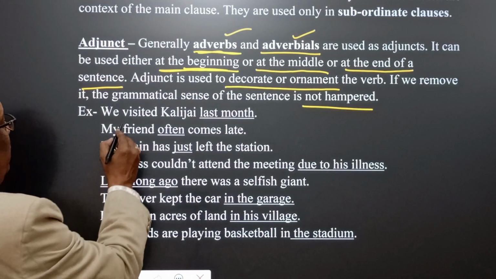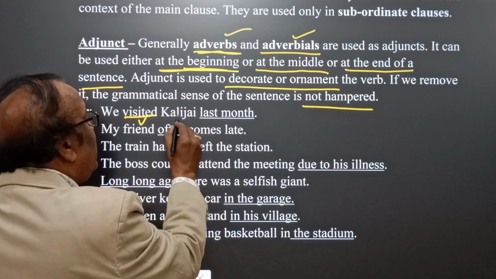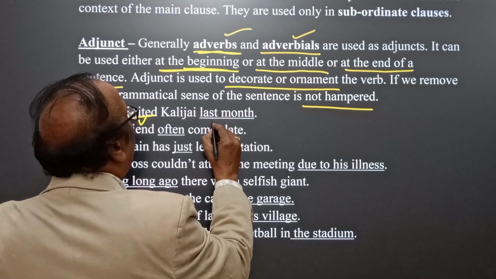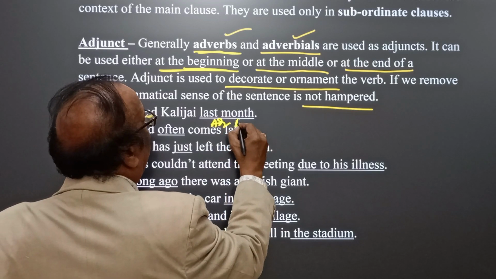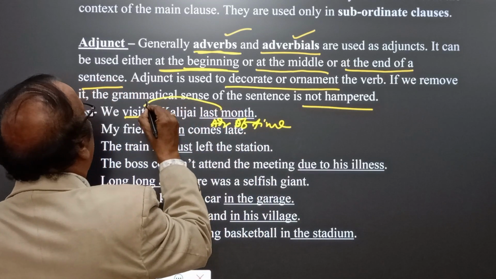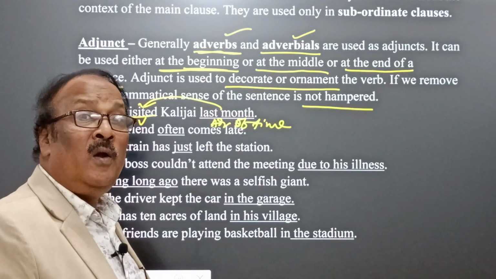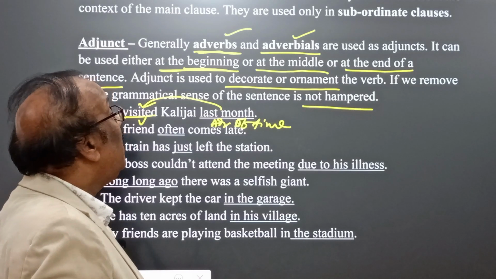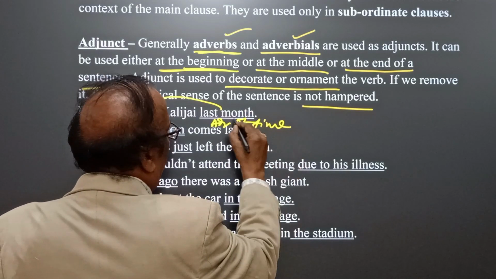Here we find some examples. We visited Kalijai last month. Visited is the verb. We visited Kalijai. When? Last month is an adverb of time, and in this case, last month qualifies visited. We visited when? Or when did we visit Kalijai? We visited Kalijai last month. And last month is the adjunct.